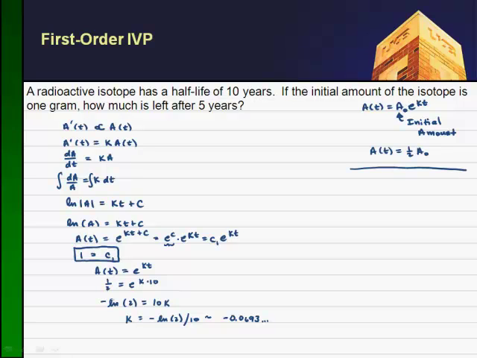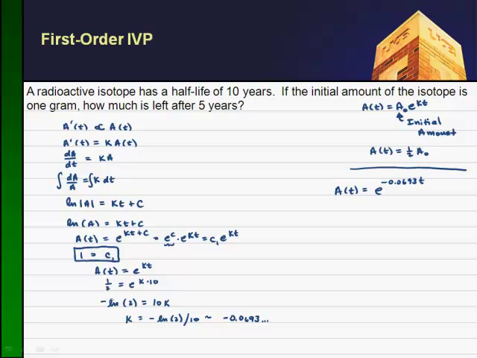Okay, so let's answer the question. Now it's really just an algebra problem because we have a model that says A of t is equal to A naught, which is 1, times e to the negative 0.0693, and I'll drop the rest and just put the t. I'm just going after the idea and not a very accurate number. So how much is going to be left after 5 years?